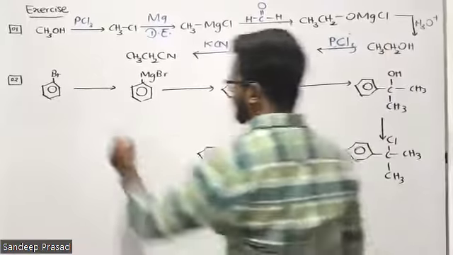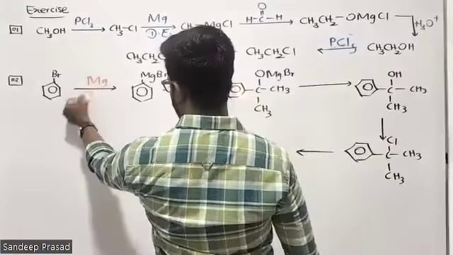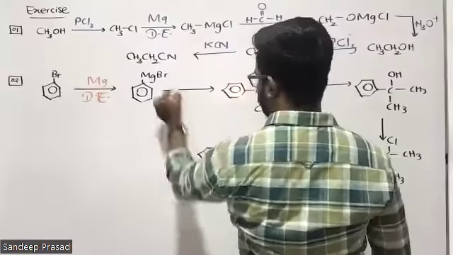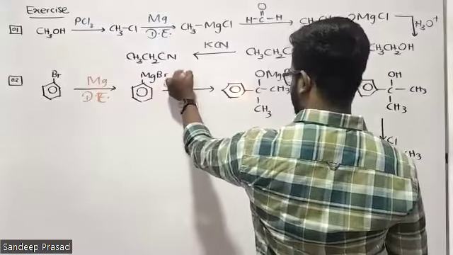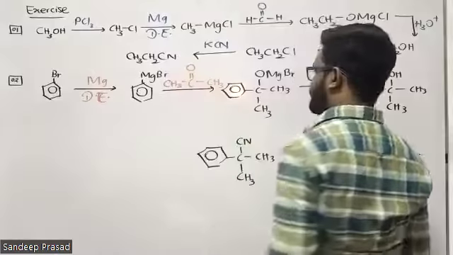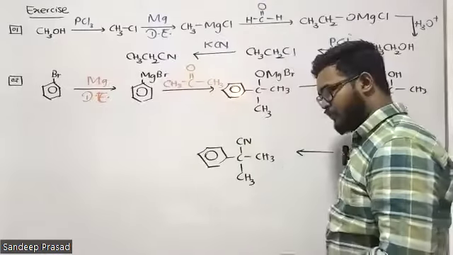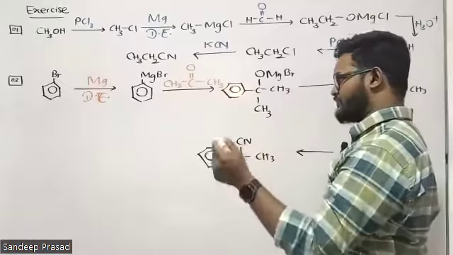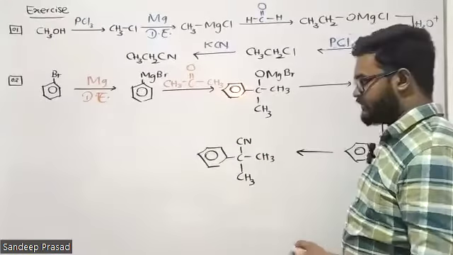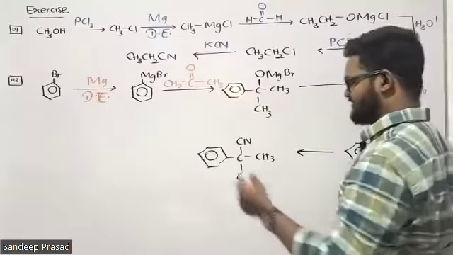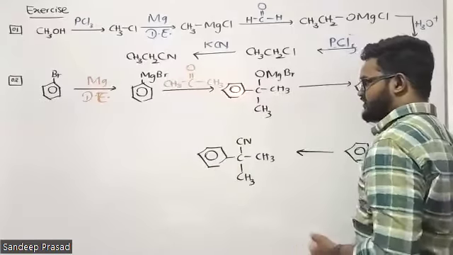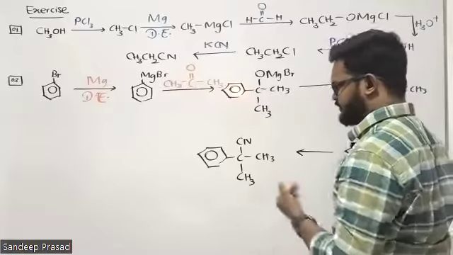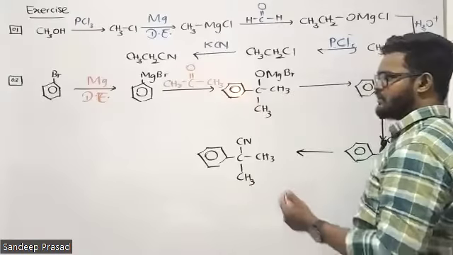Number two, magnesium dry ether, Grignard reagent. So CH3, C double bond O CH3. Students, remember, if you don't have any theory knowledge, it doesn't matter, okay? You can start to learn organic chemistry from here, right? If any student here doesn't have any theory knowledge, hasn't learned organic chemistry before, doesn't know anything related to that, from here onwards you can start to learn organic chemistry.